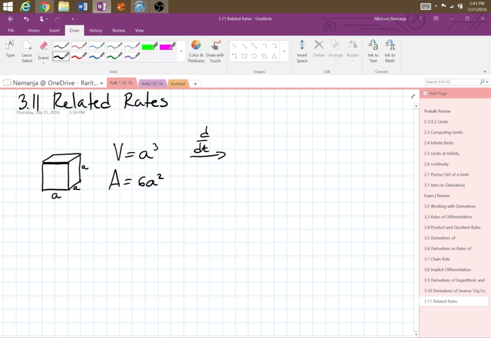Well, the derivative of V is 1, and then you have dV/dt from the chain rule. So we start with dV/dt is equal to. Now, what is the derivative of a cubed? 3a squared times dA/dt, which is the chain rule piece, because a and t are not the same variable.